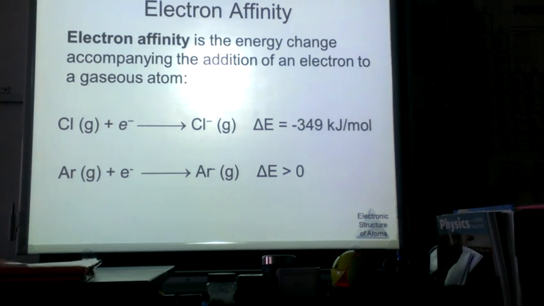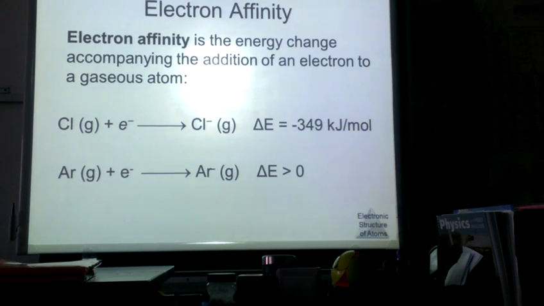I am forming some type of new attraction when I add an electron to an atom. I am forming a Coulombic attraction. That is still technically a bond. A bond is just some type of Coulombic attraction. So electron affinities should typically be negative because that means I'm releasing energy, okay?